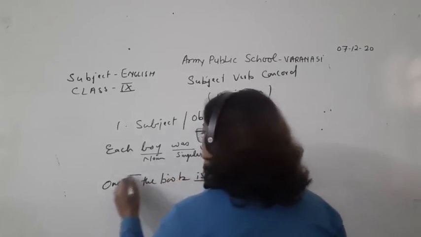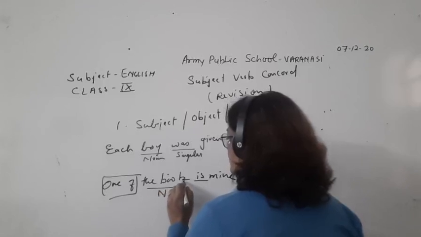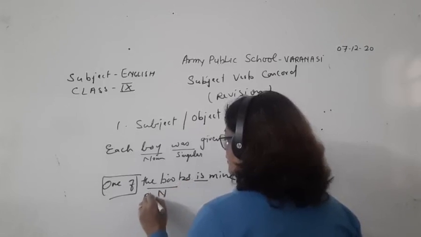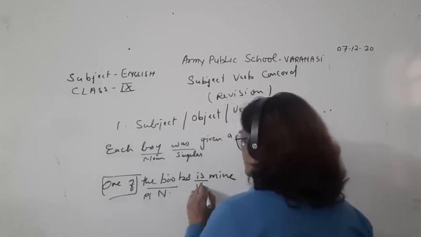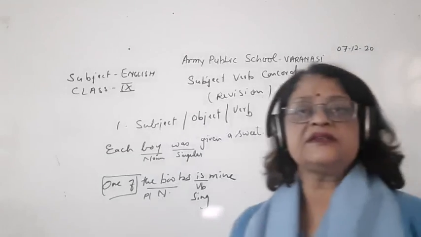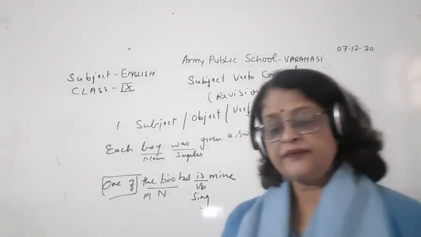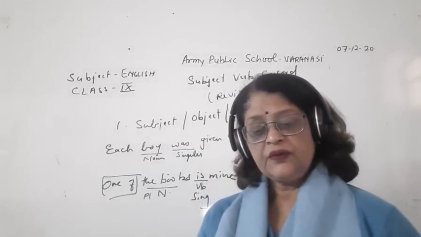So children, one of is there before a plural noun and the verb is singular.